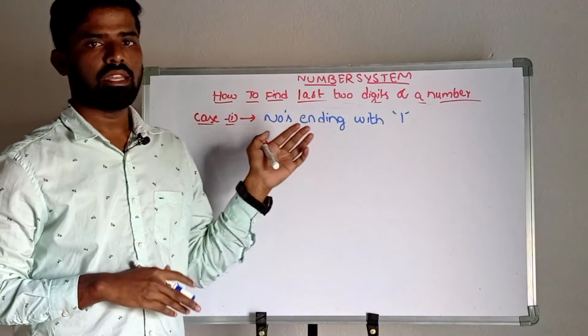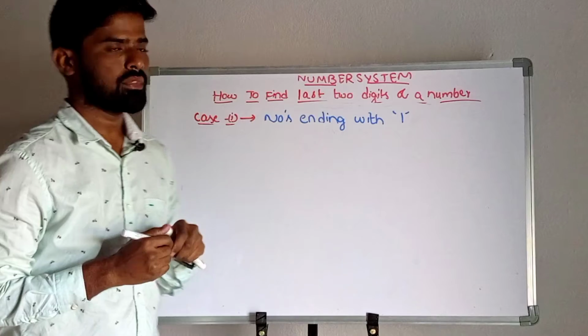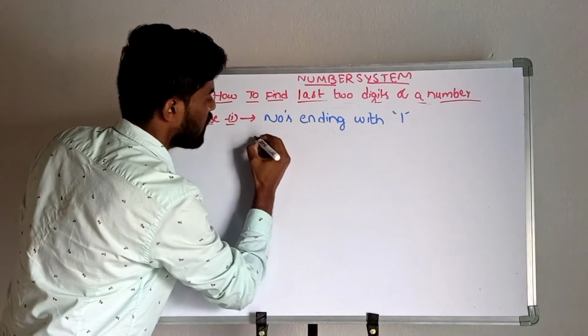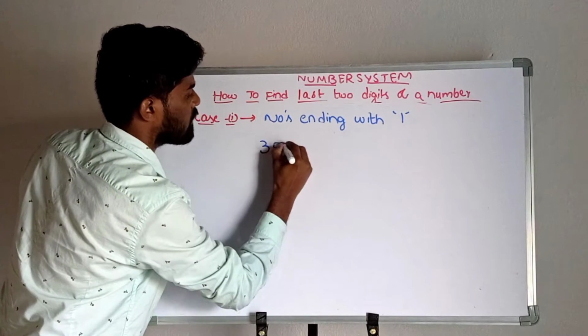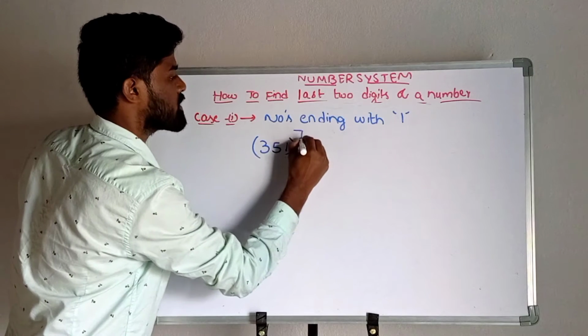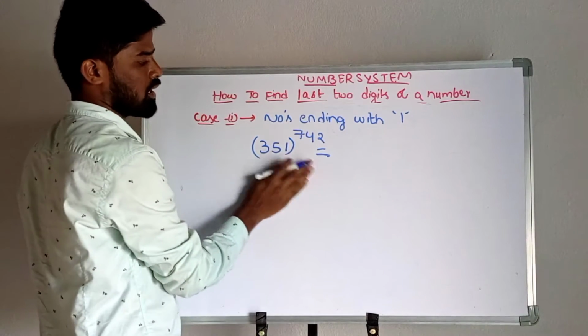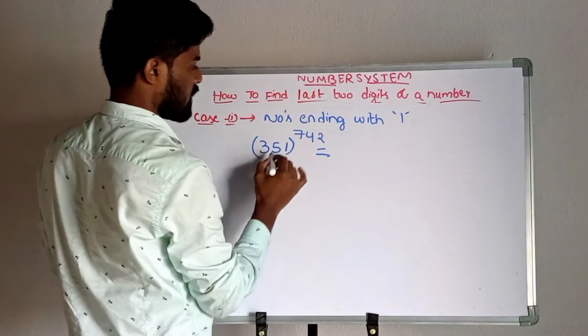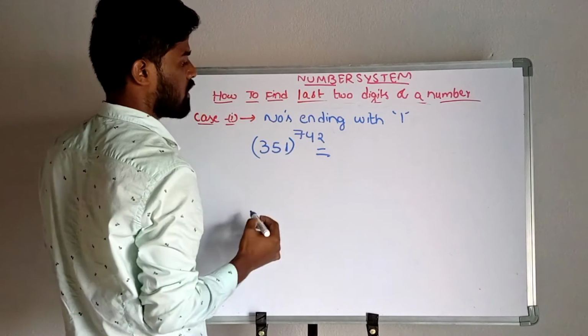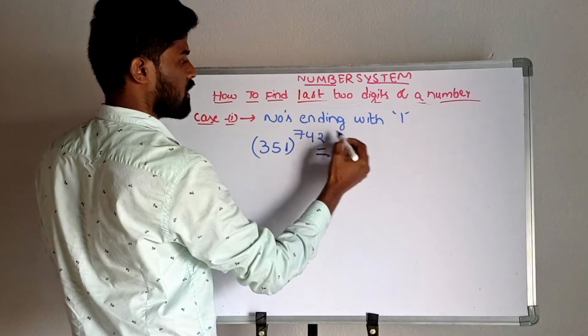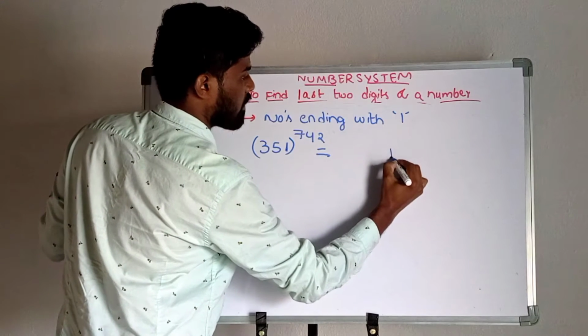Case 1, numbers ending with 1. Let's solve this with an example: 351 raised to the power of 742. In this case we have to find the last two digits of this number. Here the last digit is 1. 1 to the power of anything, unit digit becomes 1.